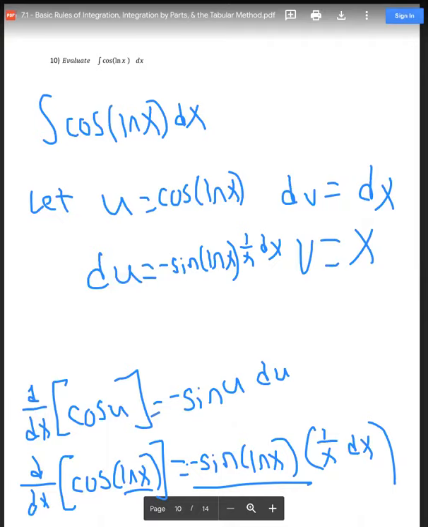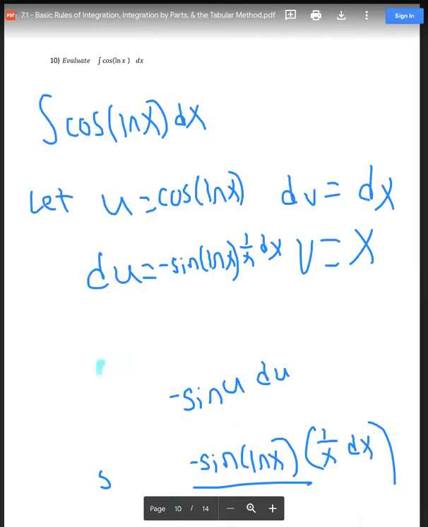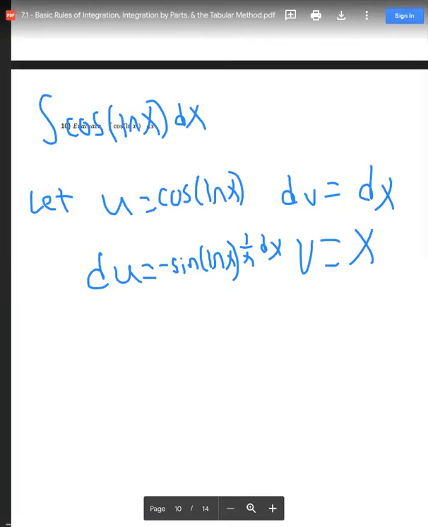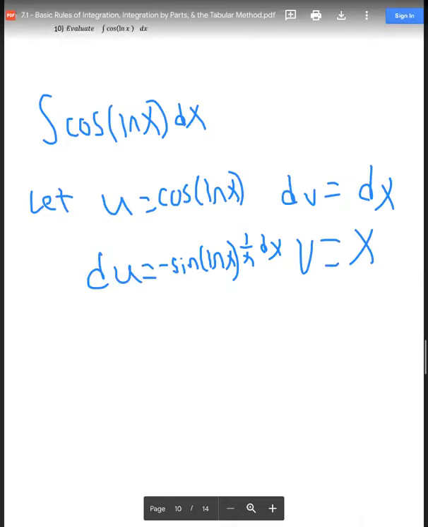So now back to putting it into the formula with the integration by parts. So different color just to change it up. Sorry, I keep unfreezing the screen.